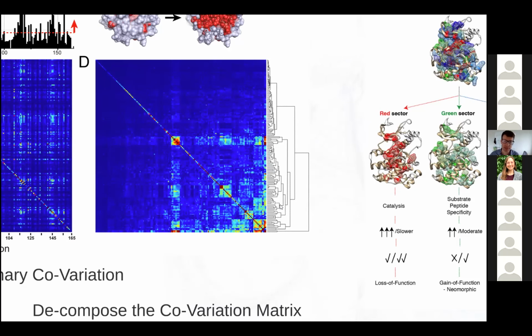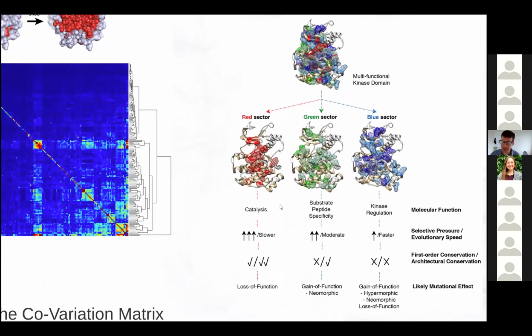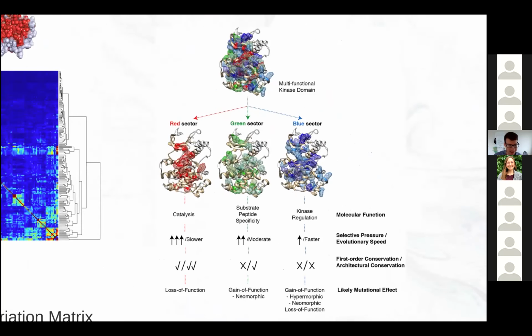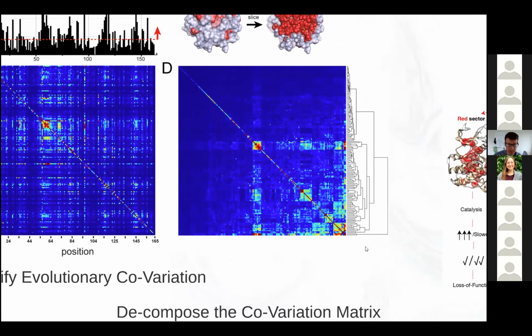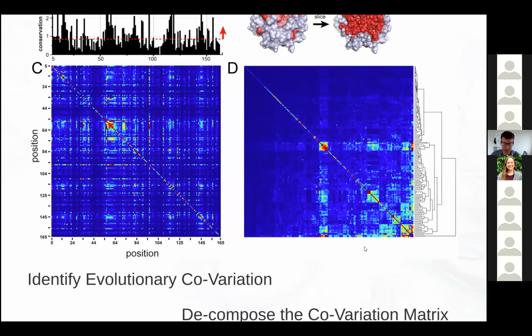Thanks. So sorry, going back to figure D. So you see this line going off of the top cluster, like a horizontal. Would that imply that the first and third sectors are also interacting somehow and co-evolving? Yes, exactly.